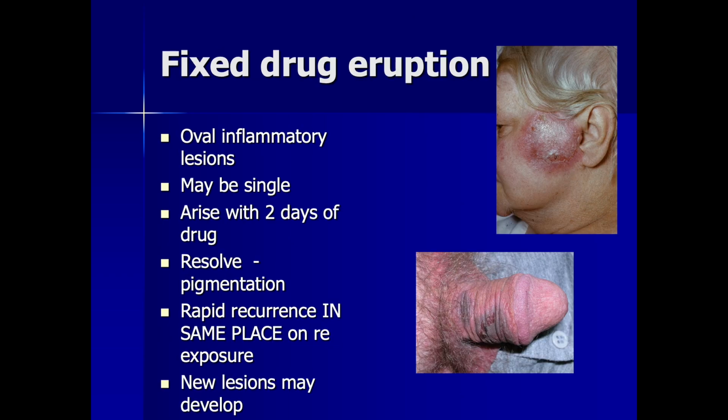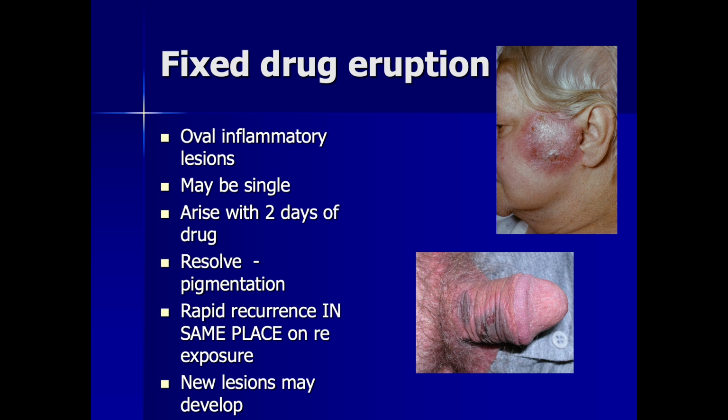So what are fixed drug eruptions? Well, these occur often within 24 to 48 hours of introduction of a drug, and it will produce an often round or oval acute inflammatory lesion. It may be single, there may be multiple. When they resolve, they often leave quite marked hyperpigmentation.